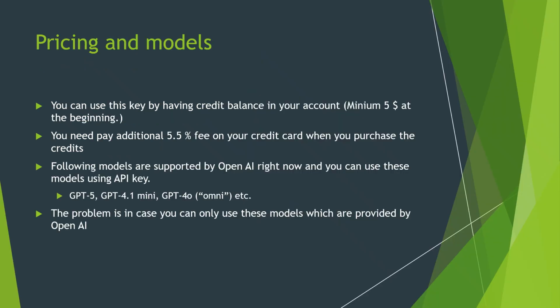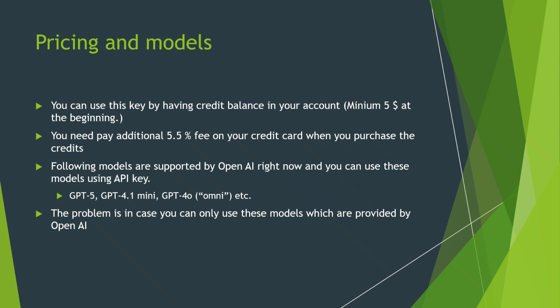Now, when it comes to pricing and models, you can use your credit balance in order to call these APIs. You need to initially add a minimum of $5 into your OpenAI account.